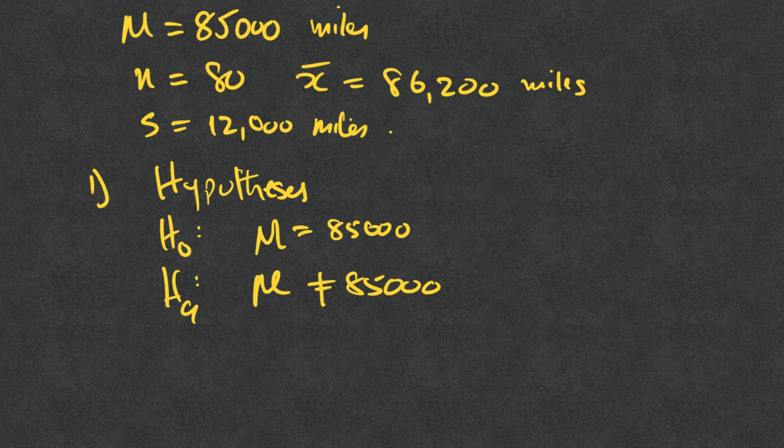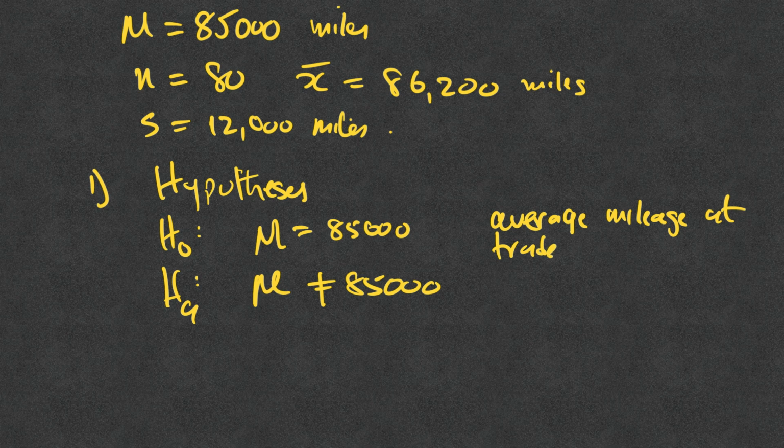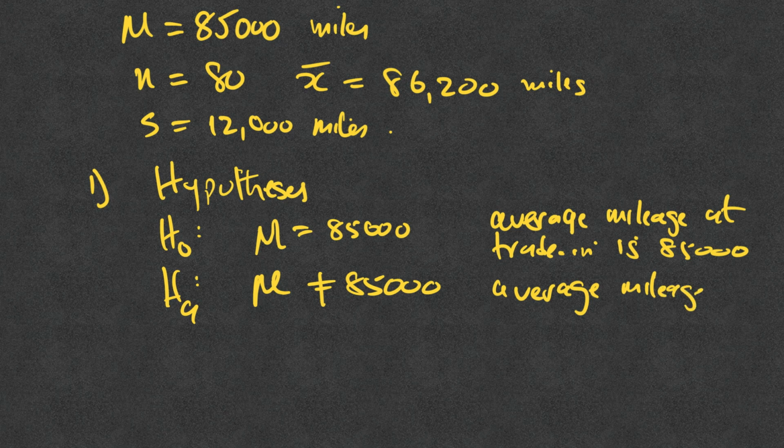In words, this would say something like this: average mileage at trading is 85,000 versus the average mileage at trading is not 85,000. So one is exactly the opposite of the other.